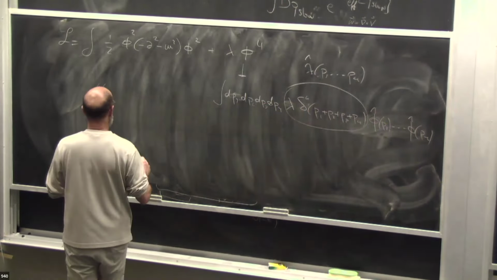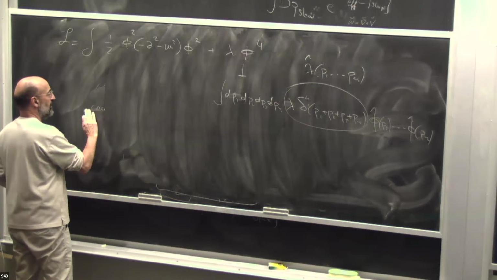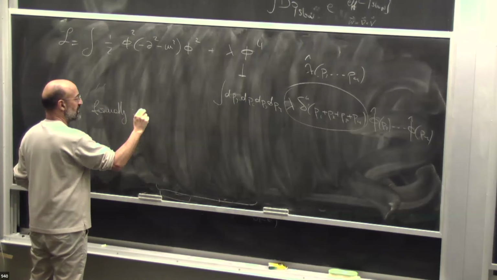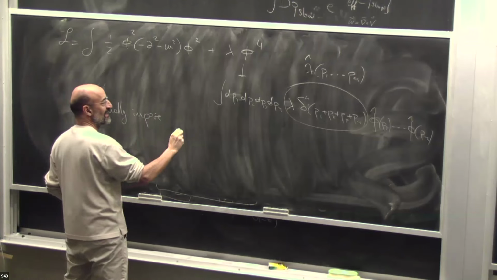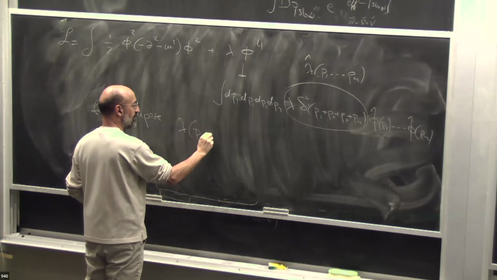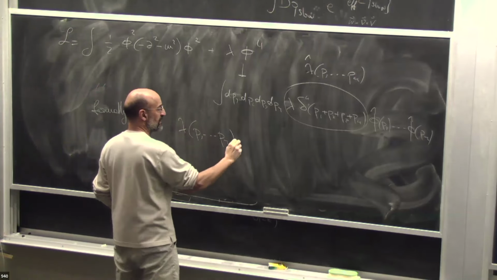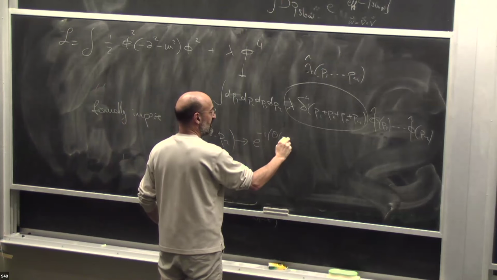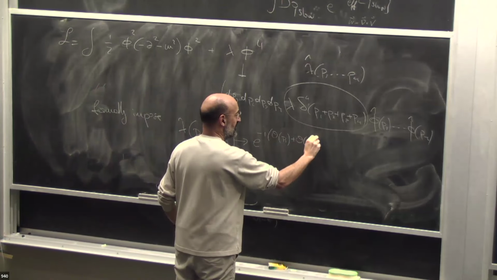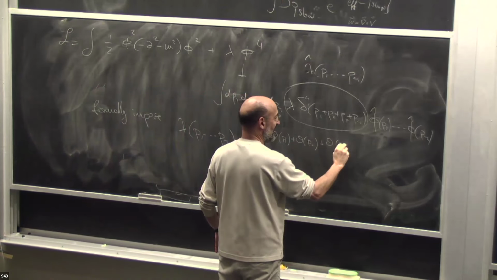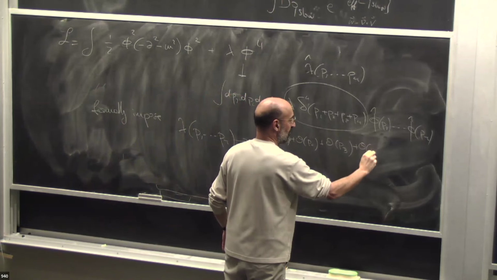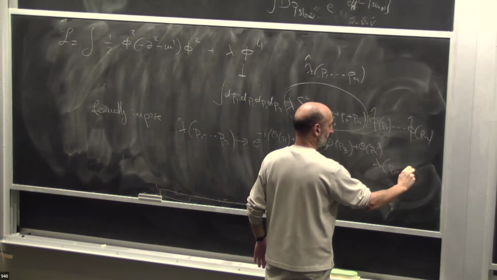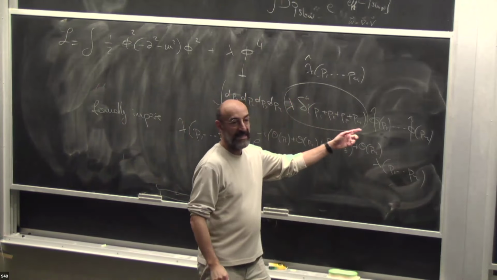You simply have to formally impose that λ(p₁, ..., p₄) transforms as e^(-i(θ(p₁) + θ(p₂) + θ(p₃) + θ(p₄))), because that will compensate that.